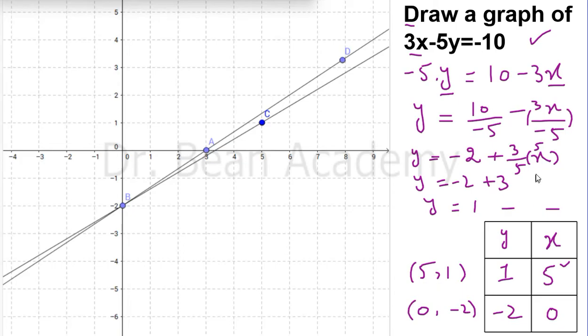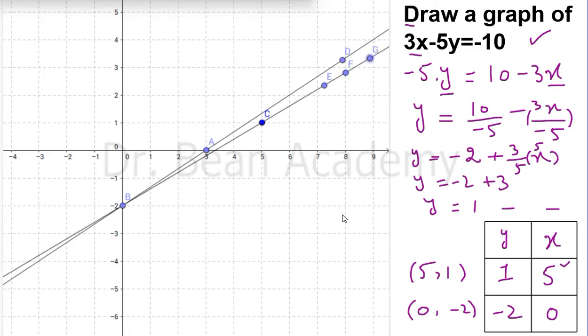Now just by choosing the right value, so that I did not get any fractional value, I got whole numbers, and I was able to draw the graph of the equation 3x minus 5 equals negative 10, and this is that line, and this is the correct line.